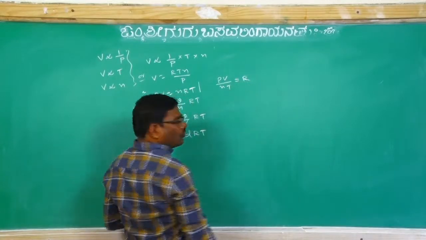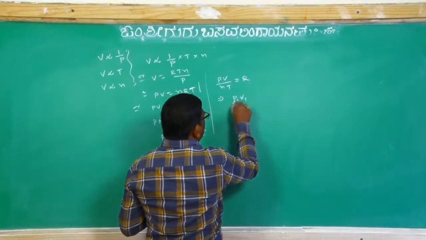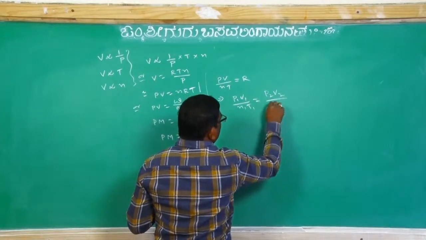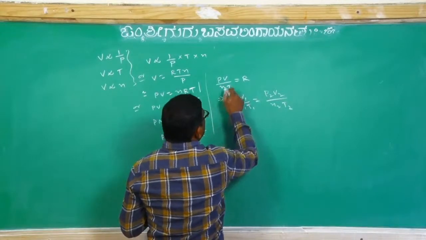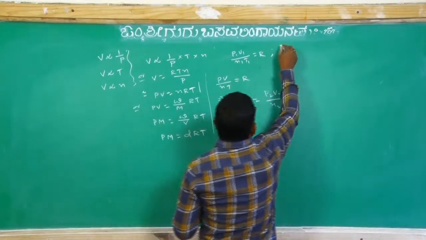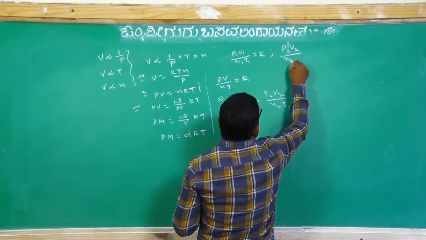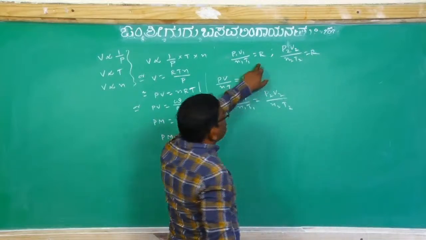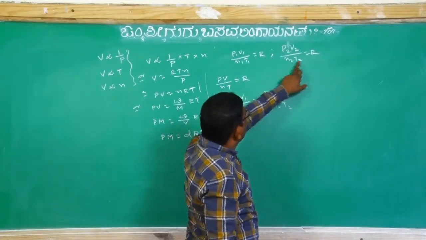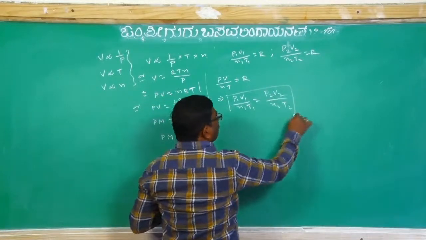PV by nT equals R. That implies P1V1 by n1T1 is equal to P2V2 by n2T2, because for the first gas, P1V1 by n1T1 equals R. Similarly, for the second gas, P2V2 by n2T2 equals R. The right-hand sides of these two equations are constant. Therefore, equating their left-hand sides, we get this equation, which is said to be the ideal gas equation of state.